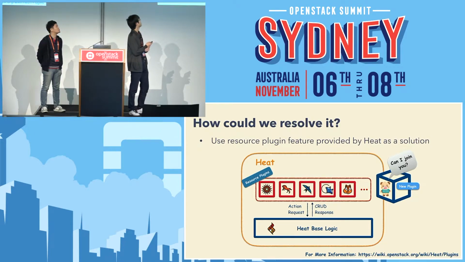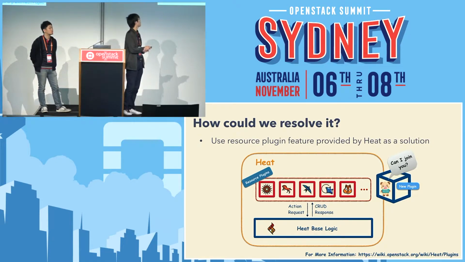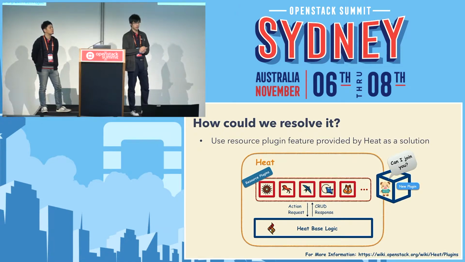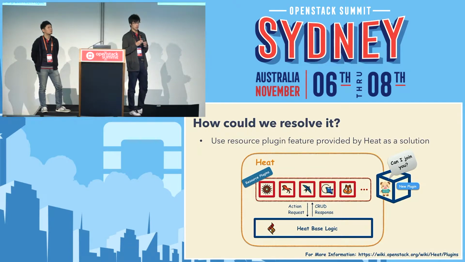Luckily, Heat provides a resource plugin feature, and using this feature, we can make a solution. In fact, in Heat, the various resource support is just based on resource plugins. For example, there's the Nova resource plugin, Cinder resource plugin, Swift resource plugin, and in a resource plugin, there's detailed information about this resource.